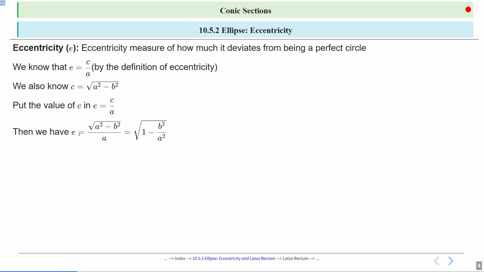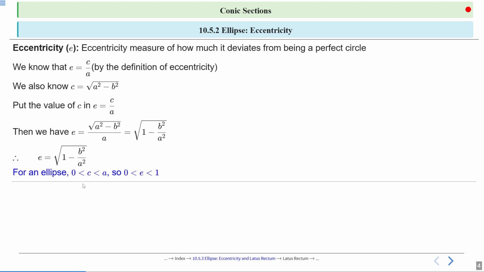Then we have e equal to square root of a square minus b square upon a, which is equal to square root of 1 minus b square upon a square. So this is another formula to find the eccentricity of an ellipse. Therefore e equals square root of 1 minus b square upon a square. Keep this formula in mind, as it will help us find the eccentricity of an ellipse.